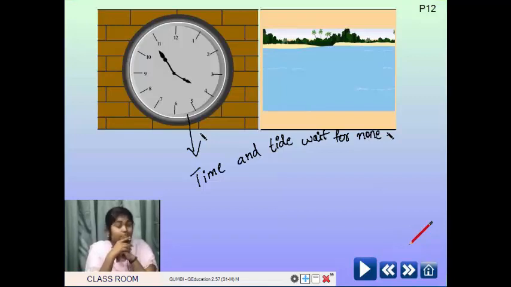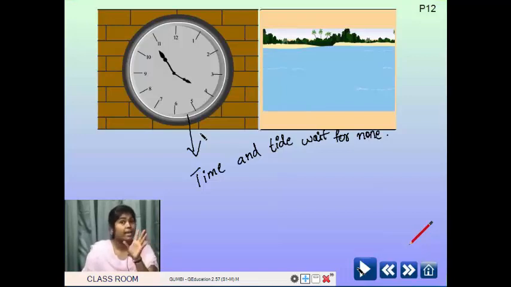Just like the waves, like the tide that you see, time also will never wait. Time will go on and on. Days will go away. So what is this proverb trying to tell you? That time and tide wait for none. That you should not waste your time. You must never waste your time. You must make use of the time that you have and do all good things.